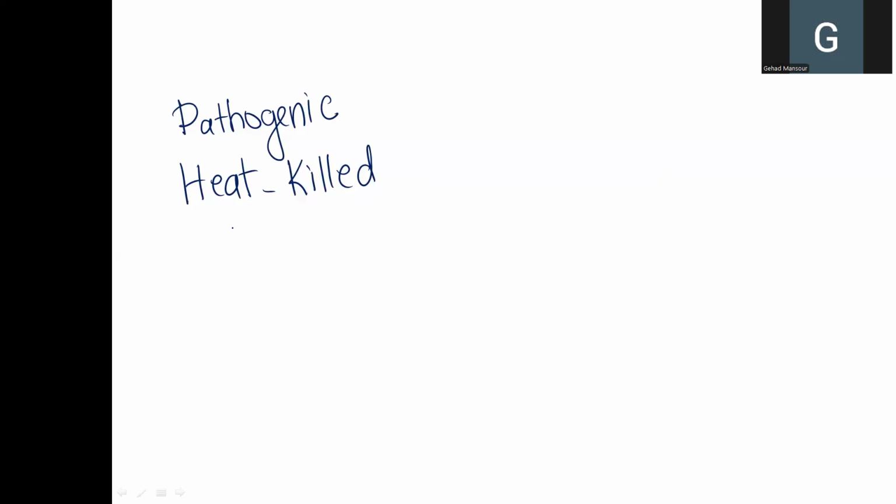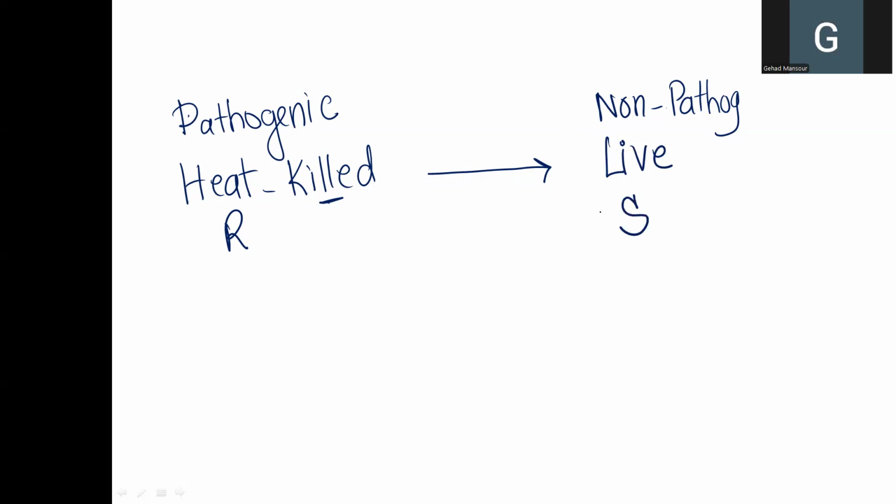Pathogenic heat-killed R strain, and then they were added to a non-pathogenic. This one was pathogenic, that one is non-pathogenic. This one was heat killed, but this one was alive, non-pathogenic, live S.